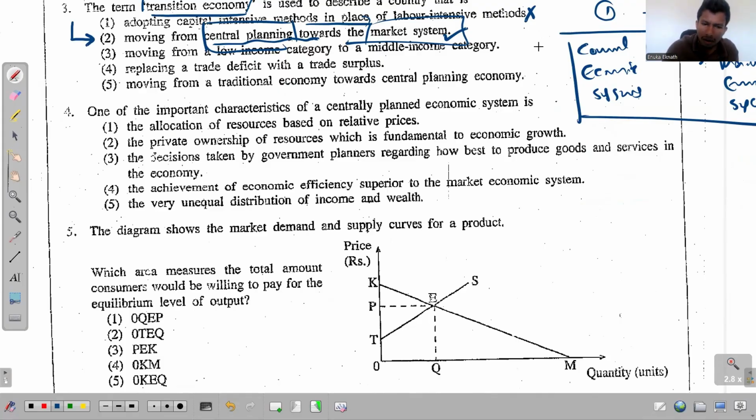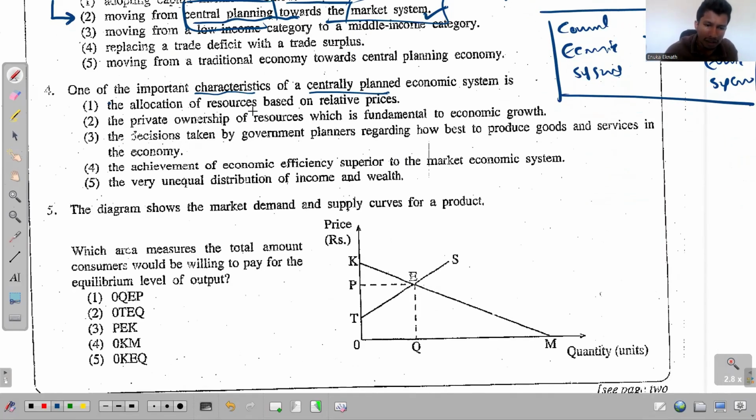One of the important characteristics of a centrally planned economic system is, all right, so what are the qualities or the characteristics of these centrally planned economic systems? Right, we will quickly go through one by one. The allocation of resources based on relative prices.